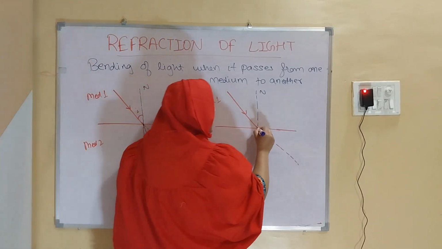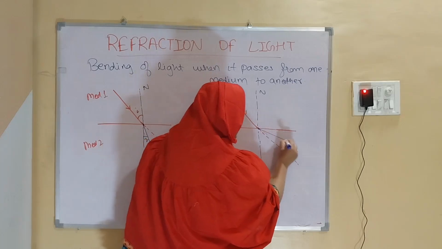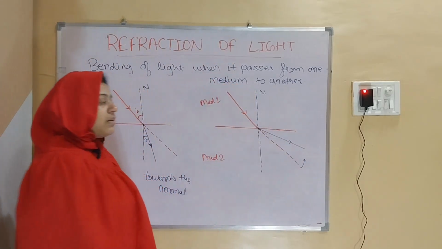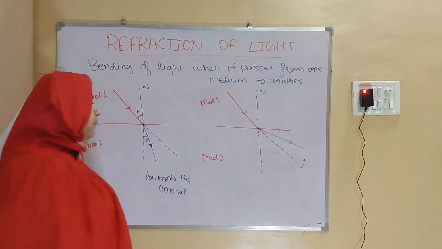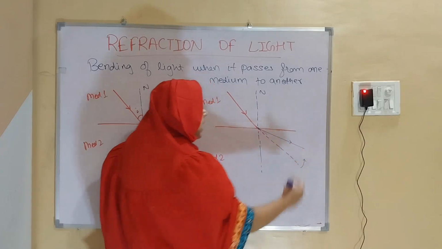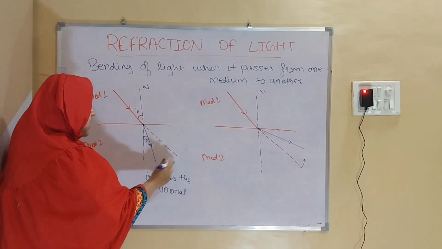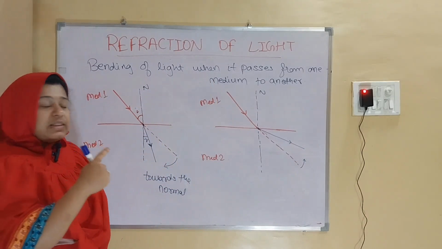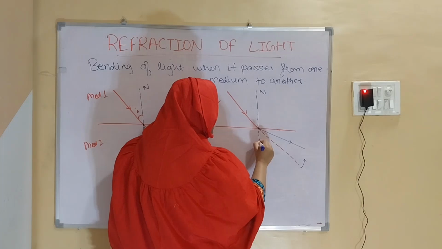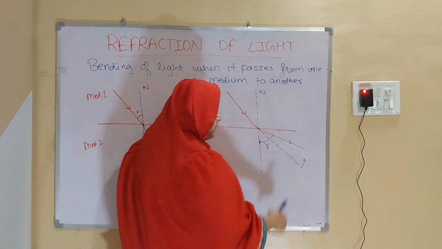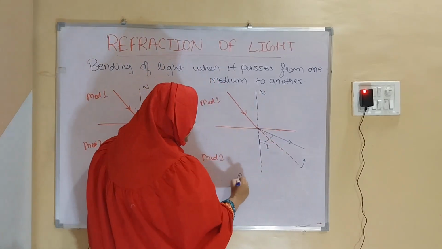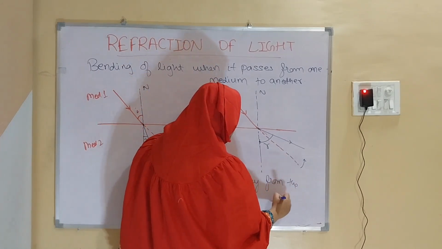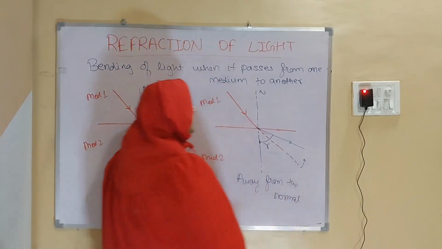If the light ray goes in this way, meaning away from the original path, so this is the angle of refraction and this is known as bending away from the normal. So there are two types of bending.